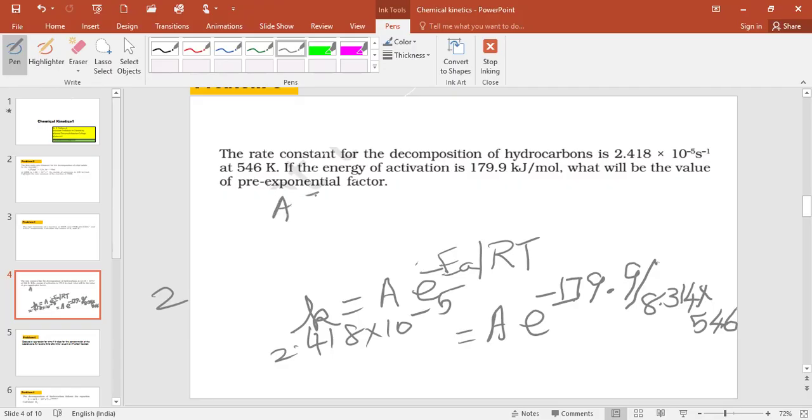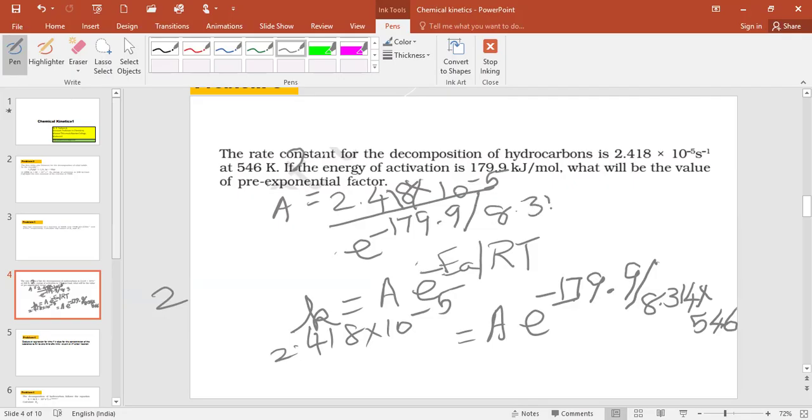A is equal to 2.418 into 10 to the power of minus 5 divided by e power minus 179.9 divided by 8.314 into 546.